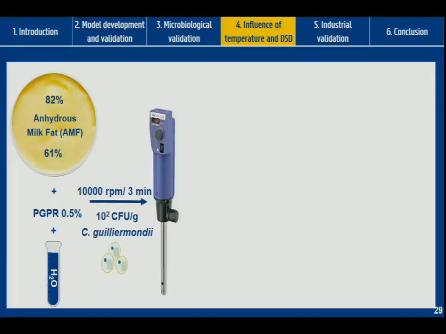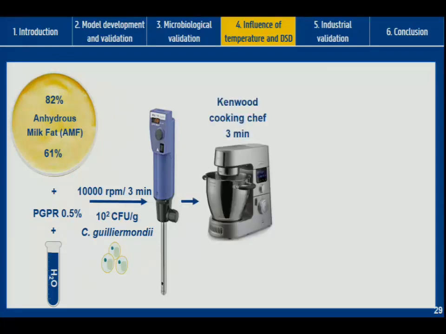We then added or inoculated Candida guilliermondii at the level of 10 to the power of 2 colony-forming units, which is actually the level of industrial post-contamination, and you have seen it already in the previous chapters. And we emulsified at 10,000 rotations per minute for 3 minutes. Then, to crystallize, we used the Kenwood cooking chef for 3 minutes.